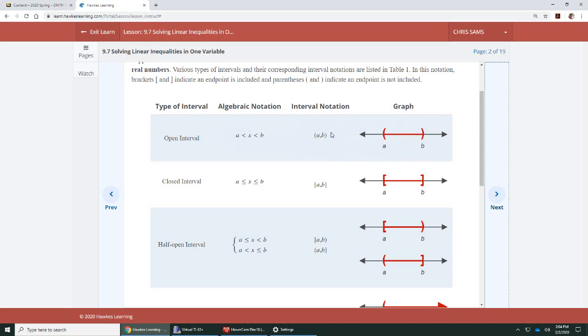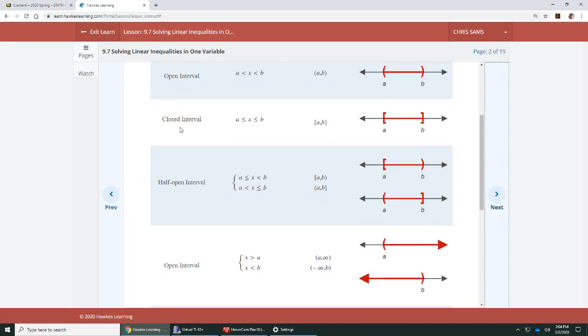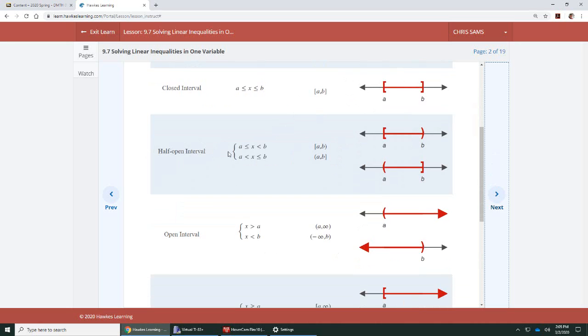We'll do several examples together. You have what they call closed interval, which is inequalities with equal to, and those will be identified with brackets, which means the endpoints are included. And then you have some that are half open and half closed, which I just call a half open interval.